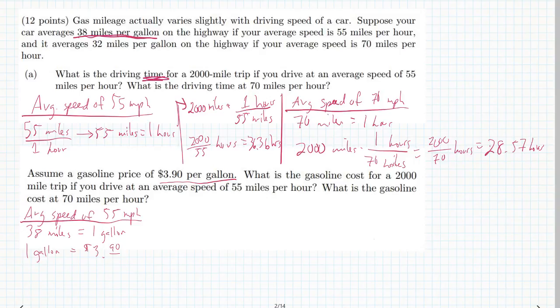Okay, so we're looking for cost now. If we're taking a look at cost, well, what do we need to do? Well, the only thing that we have to start with, we have 2,000 miles. Now, granted, we have 55 miles per hour, but hours wouldn't get us in terms of dollars of some sort.